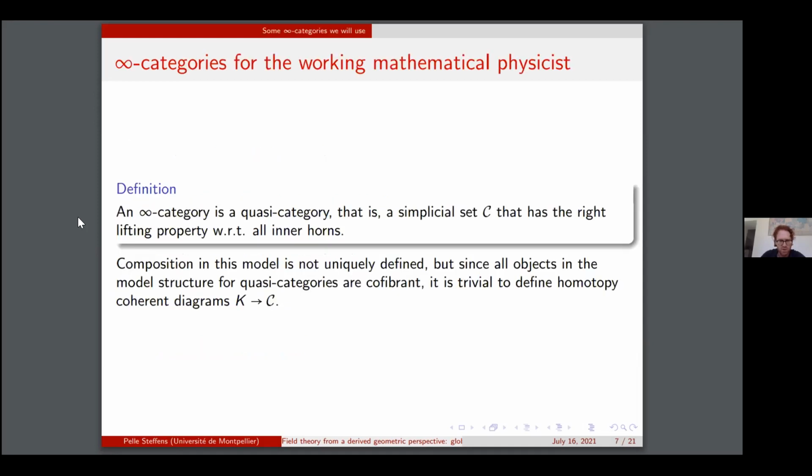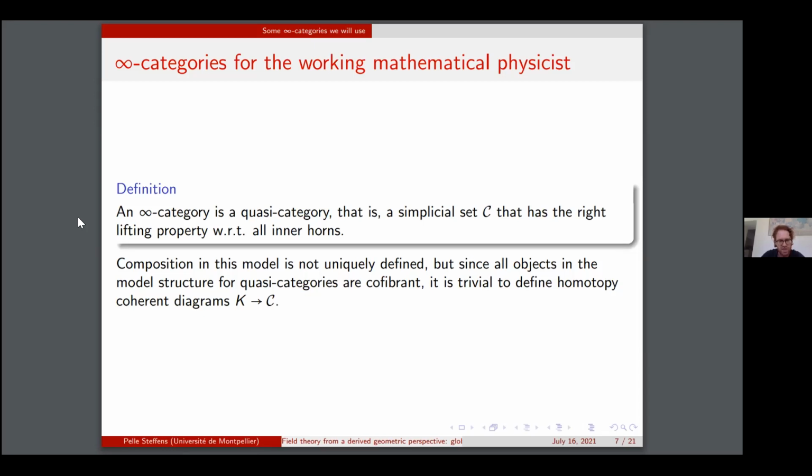Okay, so for me, an infinity category is just some homotopy gadget that allows you to take higher morphisms for any level, but here I'd like to think of this as a quasi-category.